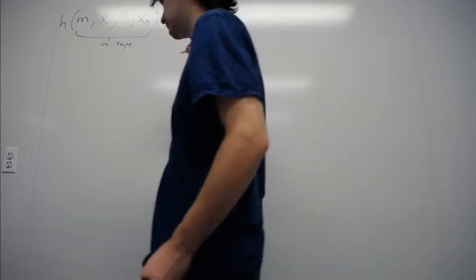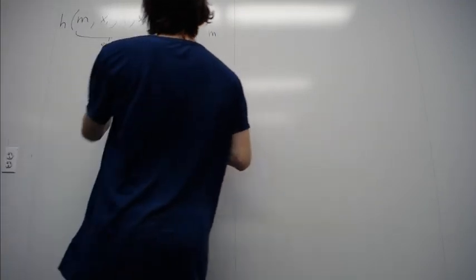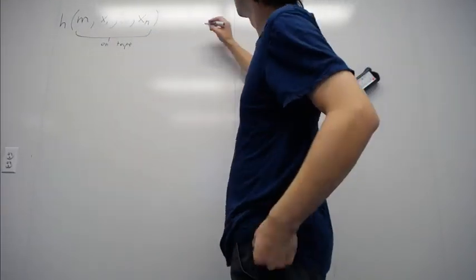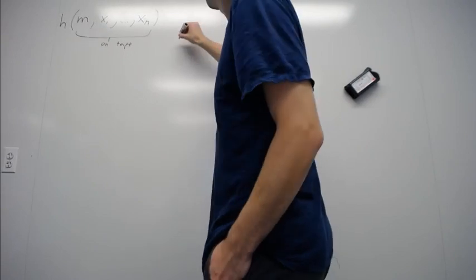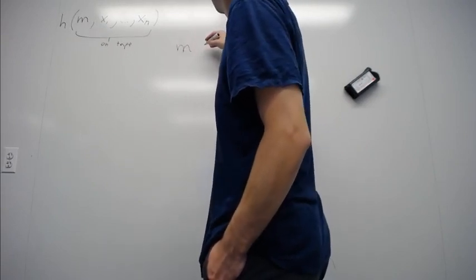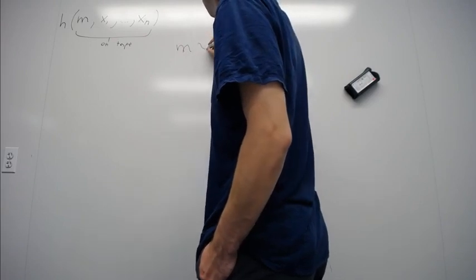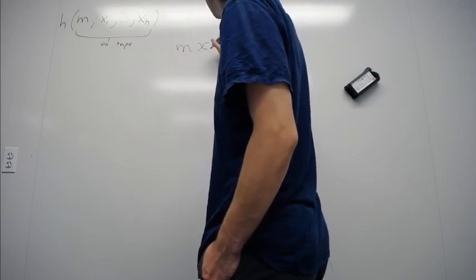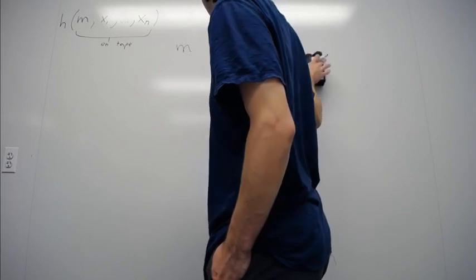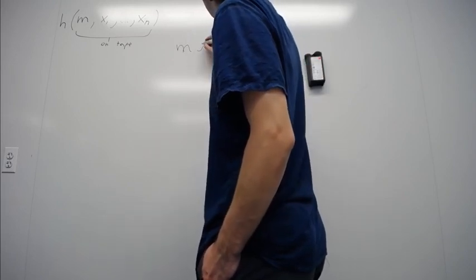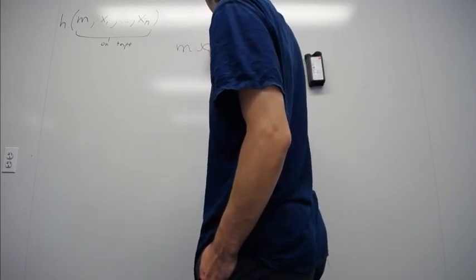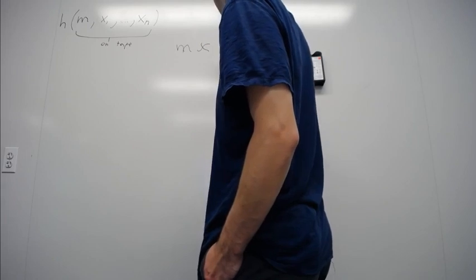Okay. So now we would have m. I'm going to just write this as squiggly x. It's a terrible squiggly x. What's the best way to write it? Whatever.